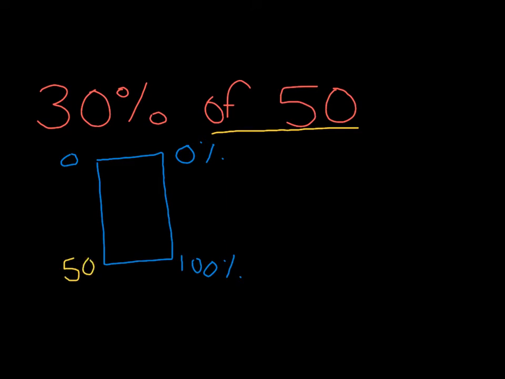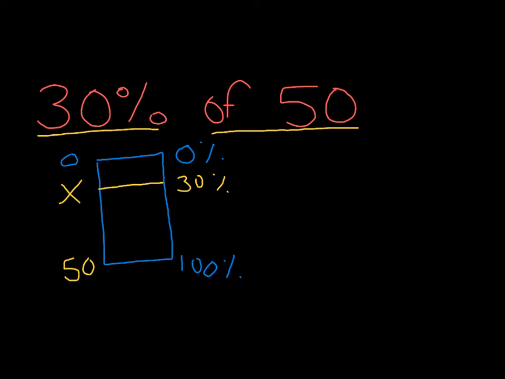Now we're ready to finish this off. We're trying to find 30% of 50. On the percent side, where it goes 0 to 100%, I think 30% would be around here, so I'm going to label it. Across from that is the number that I'm trying to find. This box is just a visual to help me see how I can set up my proportion.